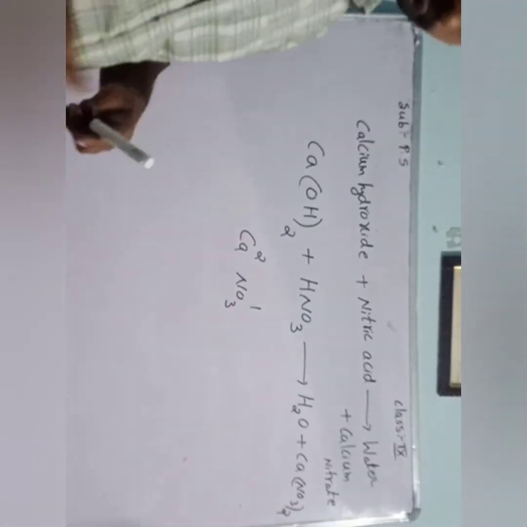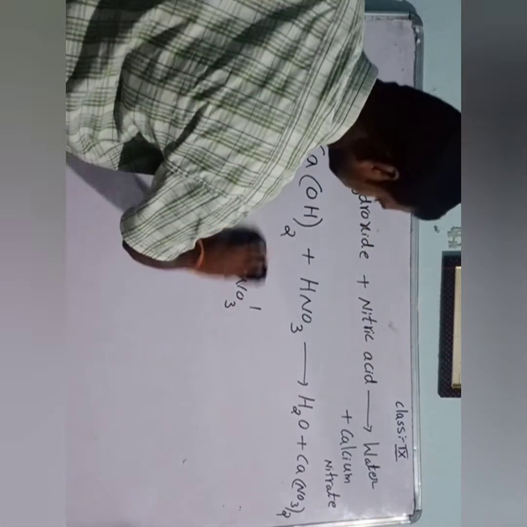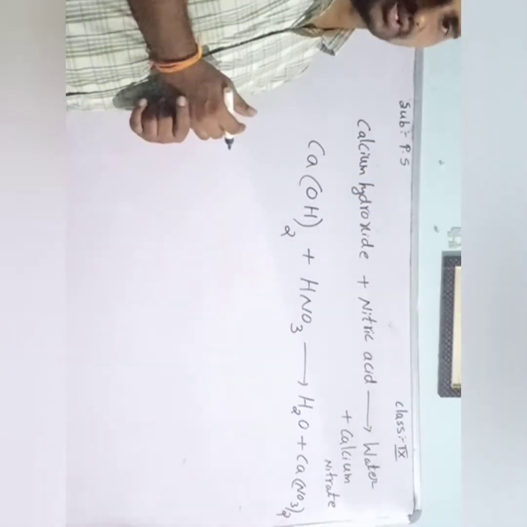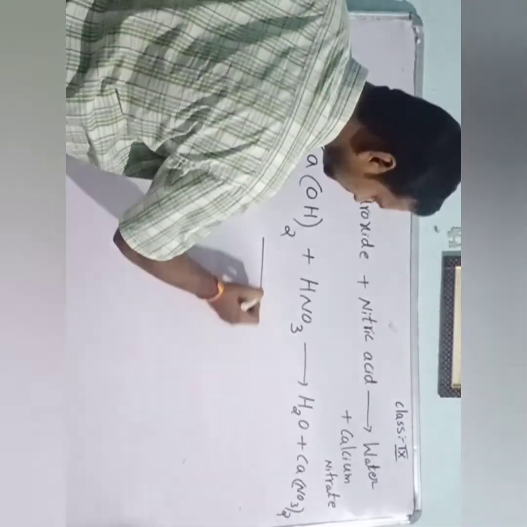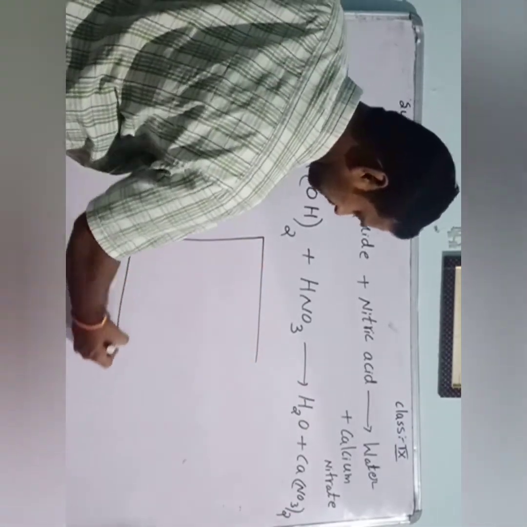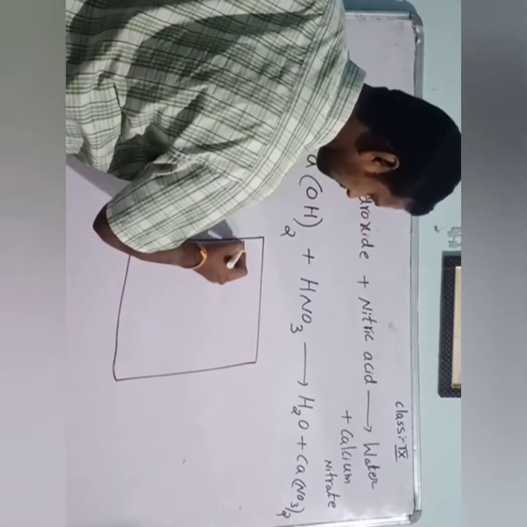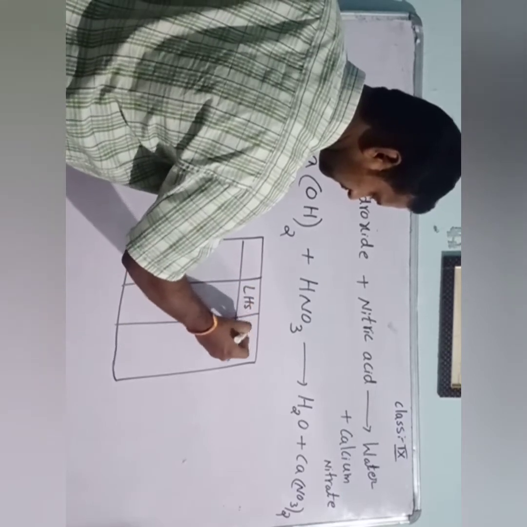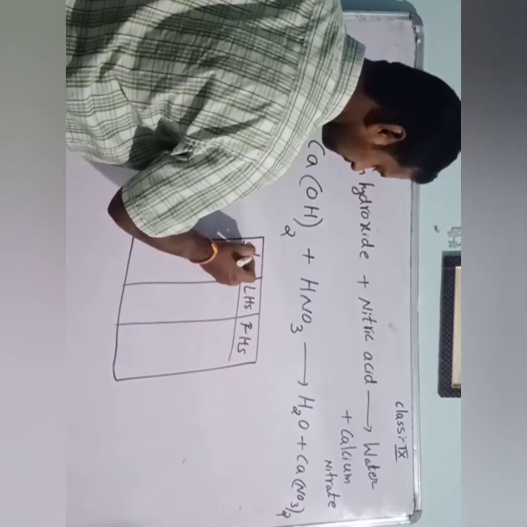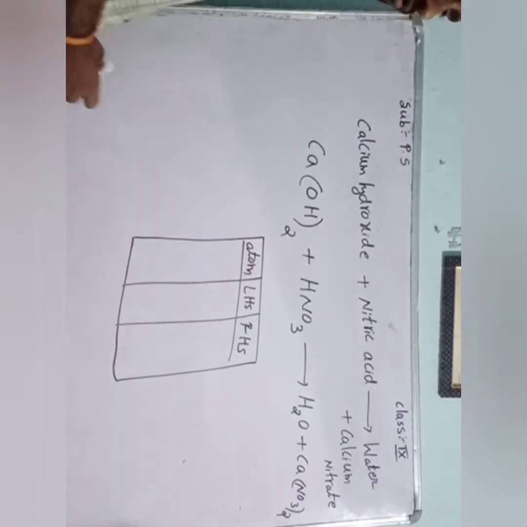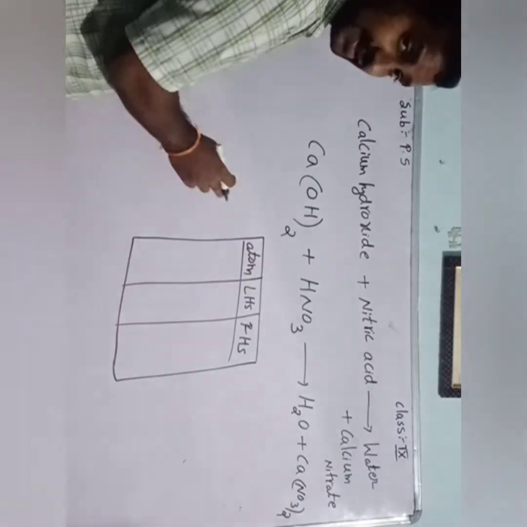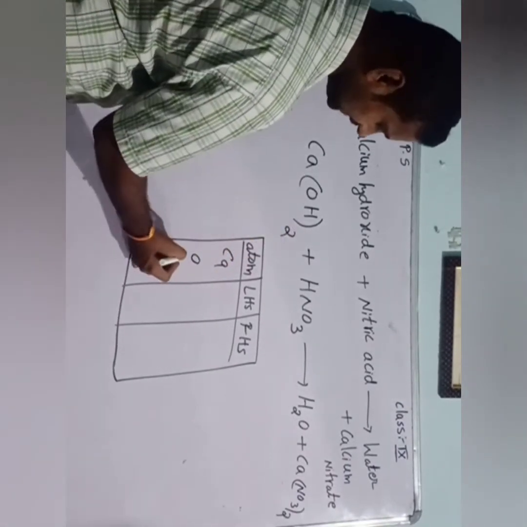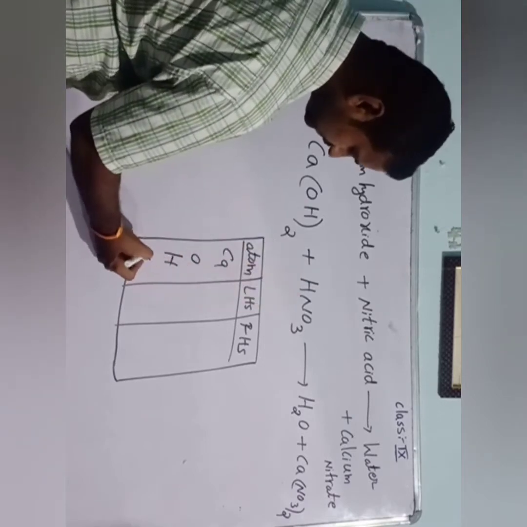Okay, now this is an unbalanced chemical equation. First draw the table. Okay, students, what are the atoms here? Calcium, oxygen, hydrogen, and nitrogen.